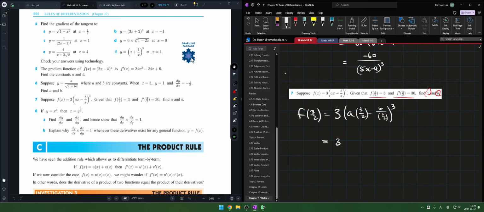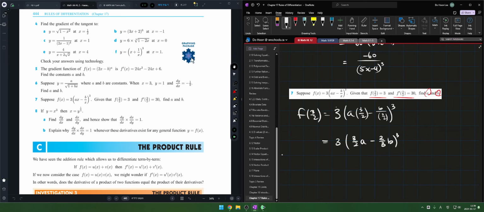Ugly. b over 3 over 2 is 2 over 3 times b, so 2 over 3b, cubed. It doesn't look so good, but it can happen somehow. Should we expand this? Okay, I'm going to hold on to this just in case it works out better.